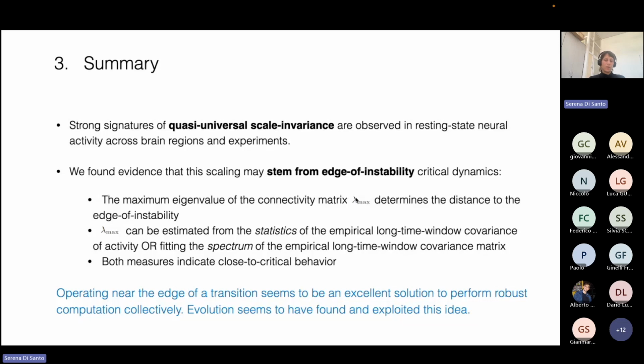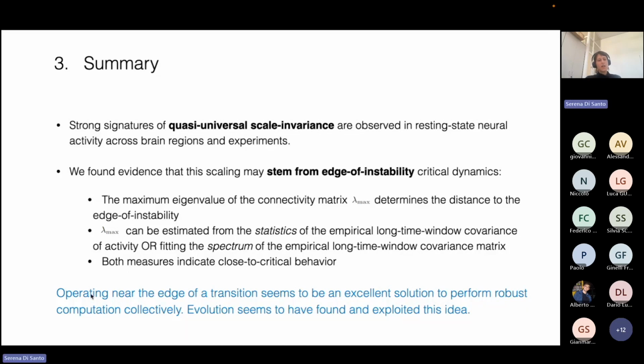Basically, we exploited this relationship between lambda max, the maximum eigenvalue of the connectivity matrix, and either the statistics of the long-time window covariance matrix or the spectrum of the same matrix. Both measures indicate close to critical behavior, that these systems are close to the edge of instability.